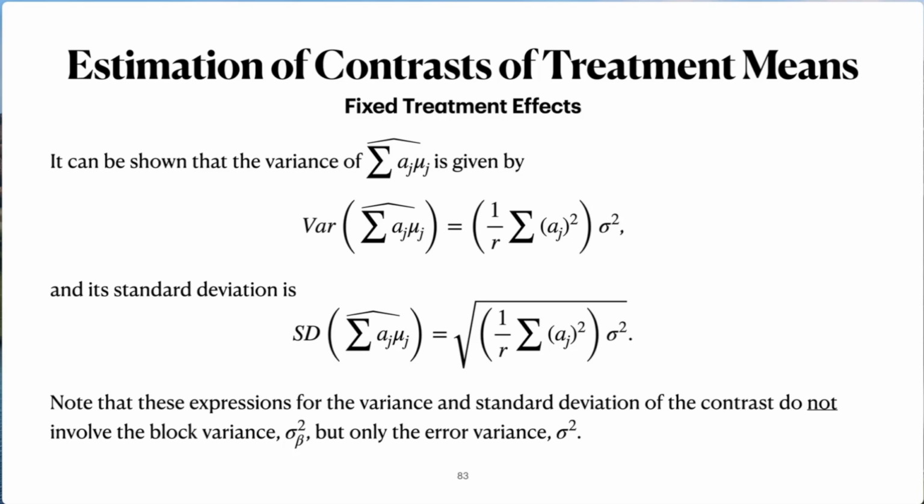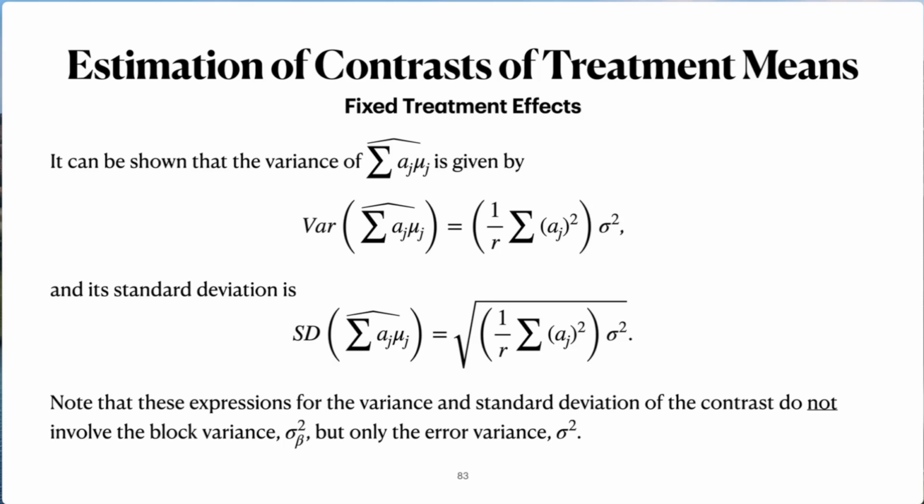As was the case when we were estimating differences between treatment means, notice that these expressions for the variance and the standard deviation of the estimated contrast do not involve the block variance sigma beta squared, but only the error variance sigma squared. This is because it's a comparison among two or more treatment means.